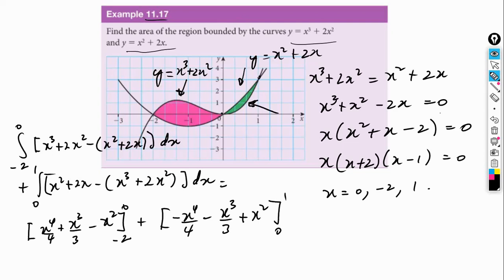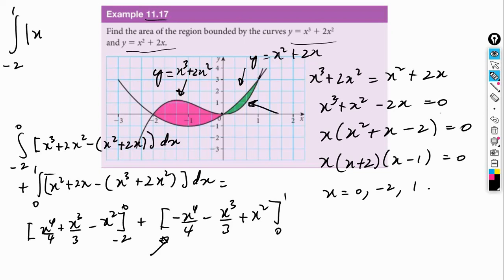Now you're going to notice something here. Notice that this here is exactly the opposite of this. So that means that if you do this in the graphing calculator, and we're going to test it in a bit, this would be the same as doing the absolute value. So you'd say integrate from -2 to 1, but do the absolute value of the top curve minus the bottom curve, or either way around, right?